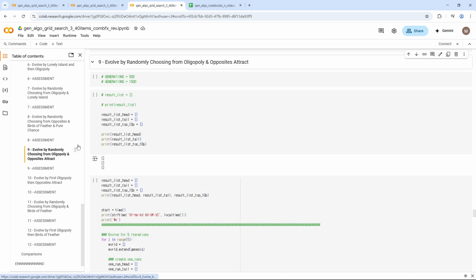Step 9 is evolve by randomly choosing from oligopoly and opposites attract. So the purpose of doing this, to elaborate a bit, was to let the oligopoly procreate function evolve the entities so that they peak, and then the reason that we lose information, information about what used to be the top entities, is due to mutation.